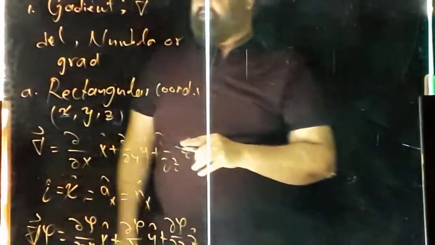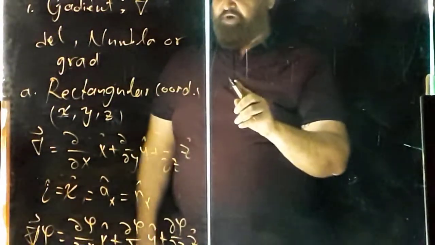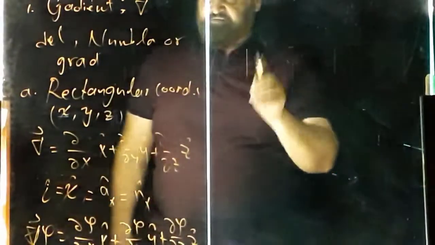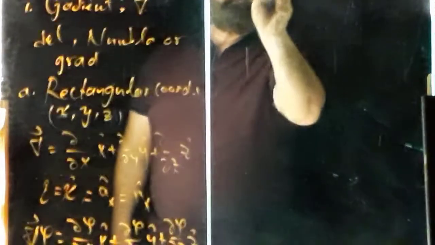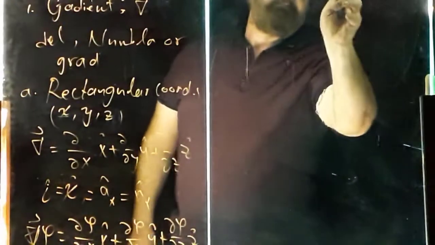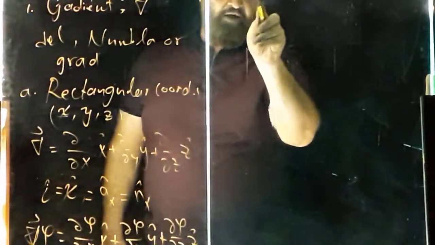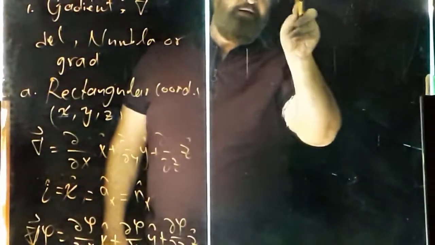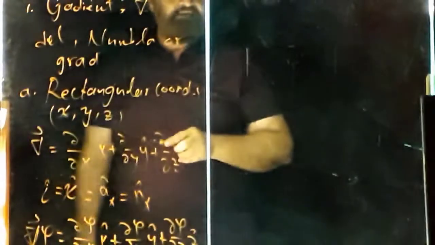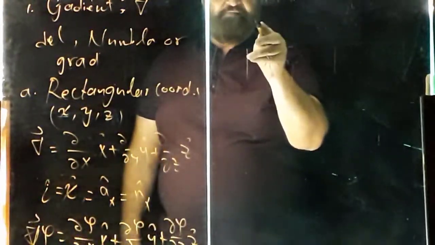Now we want to write the del, or the gradient, of a scalar field in cylindrical coordinates, which is r, phi, and z. Sometimes r is exchanged by rho.